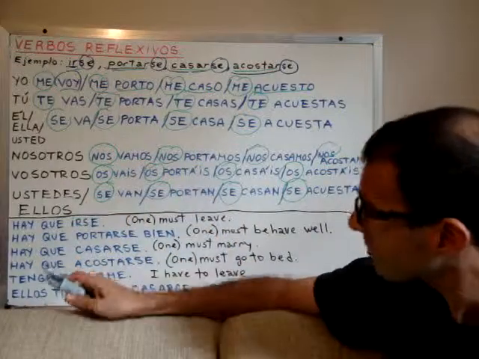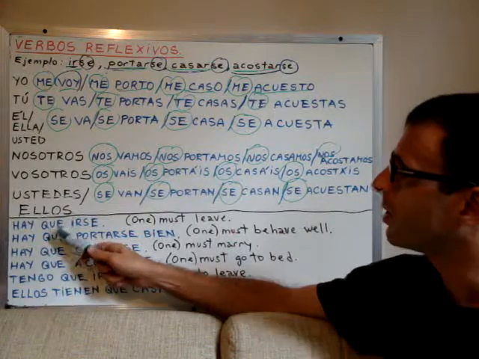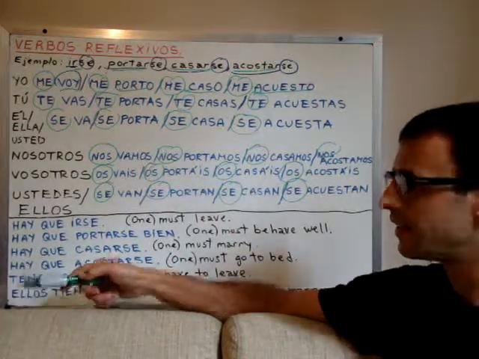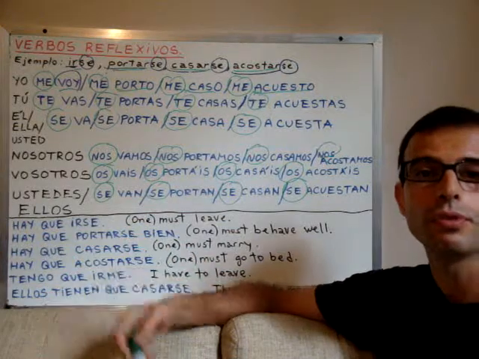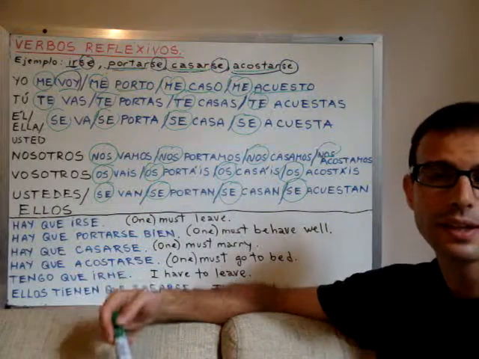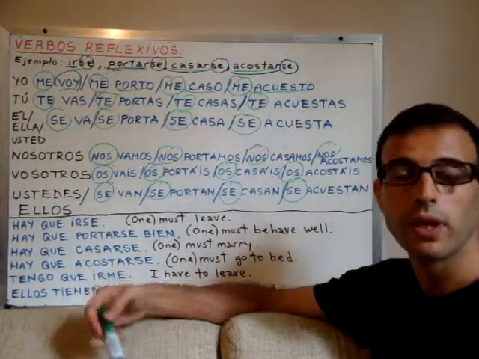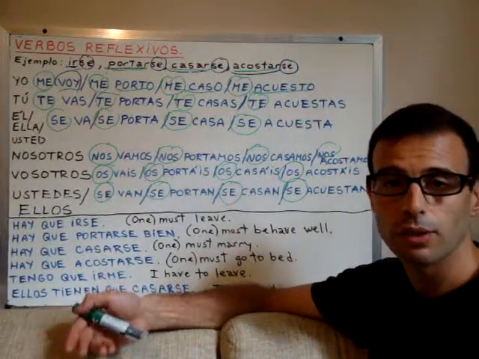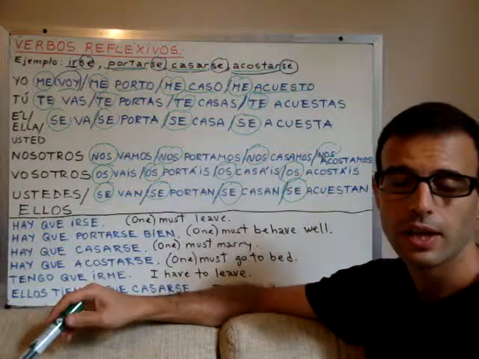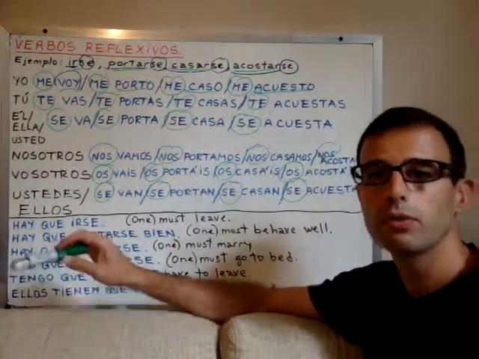But look, remember last class we talked about tener que and hay que. We said that tener que is used for saying somebody has to do something. And hay que is something has to be done, but without any subject, without saying somebody. Or it can also be like saying one must do something.